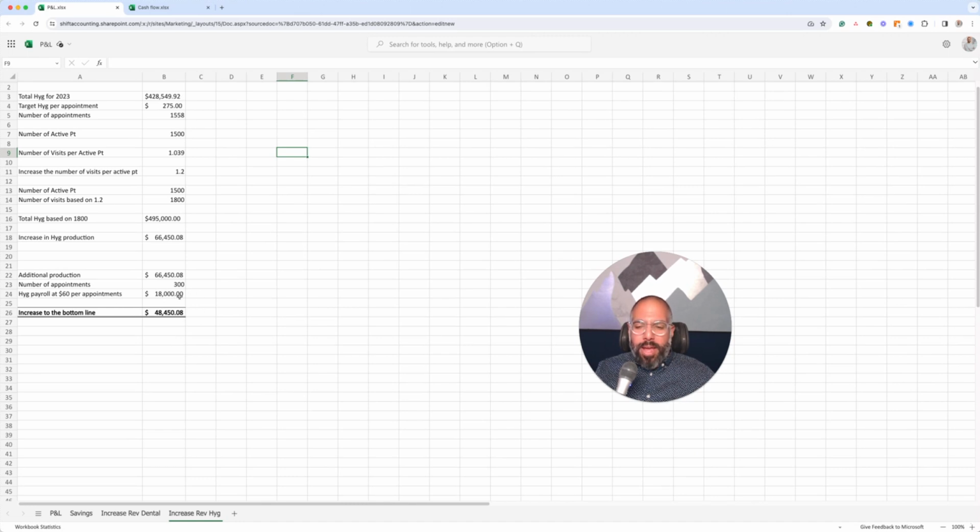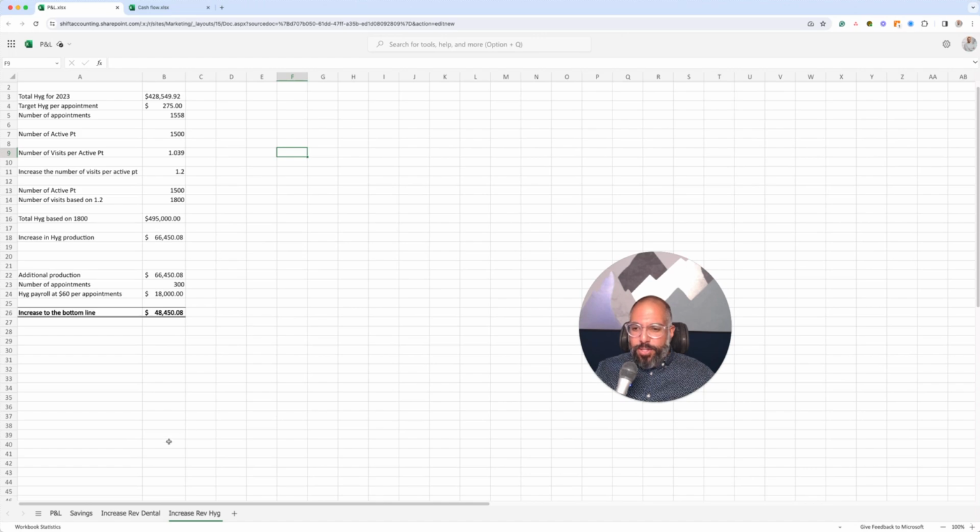So my hygiene wage for this additional revenue is $18,000. This would translate to an increase to my bottom line of about $48,000. One thing I didn't factor is supplies, so maybe take away 2% for hygiene supplies. So that's about $48,000, an increase to the bottom line.